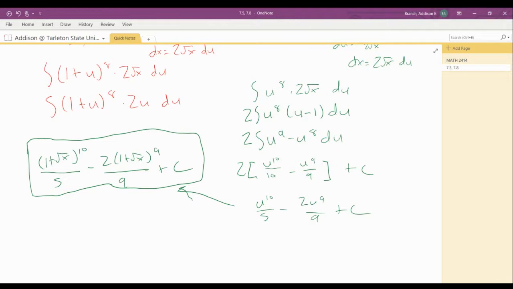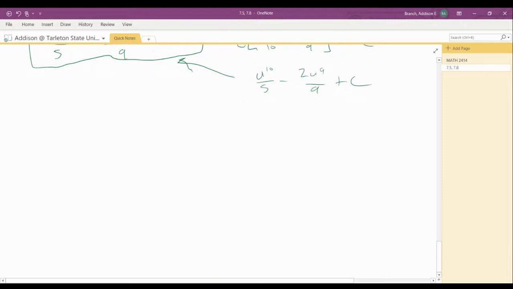And then I have one more that I'm going to do for this section. For this one, we are going to integrate 1 plus sine of x over 1 plus cosine of x. If we go through our little steps, our first step would be to try to manipulate the function.